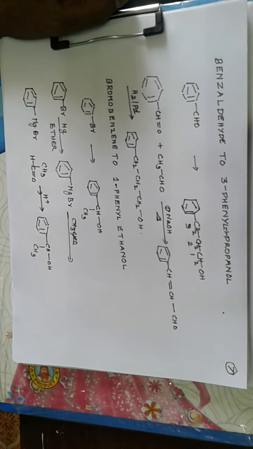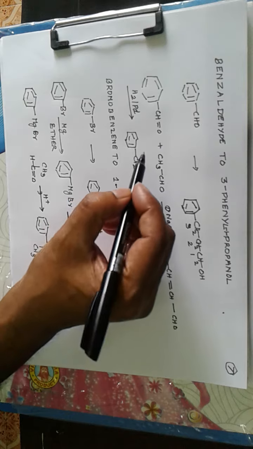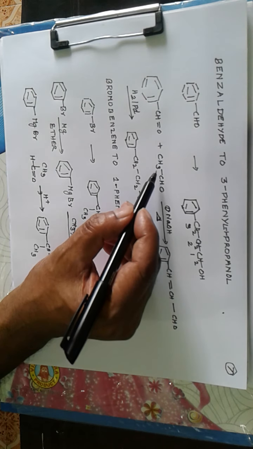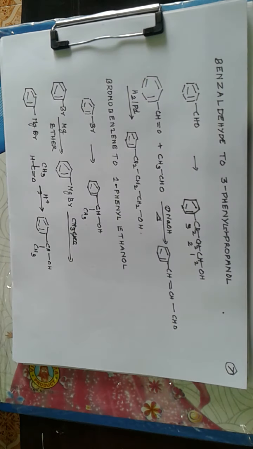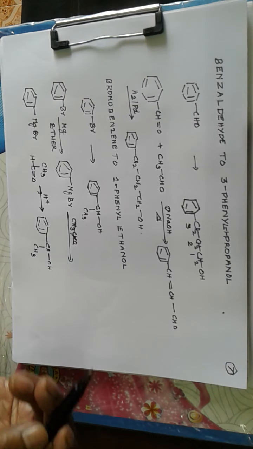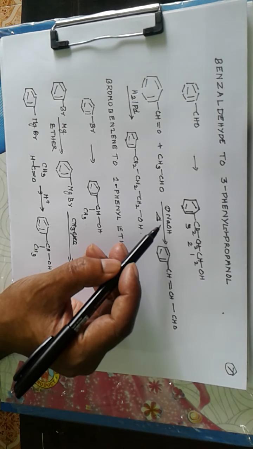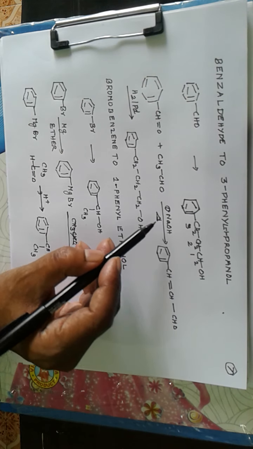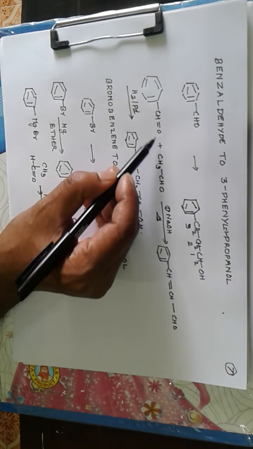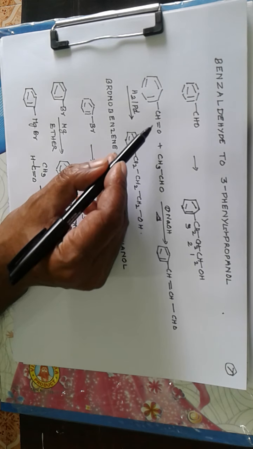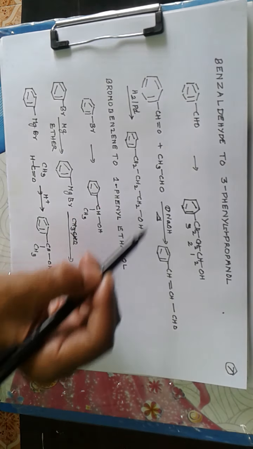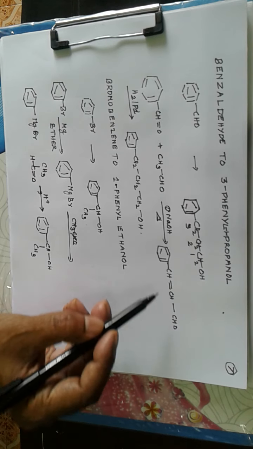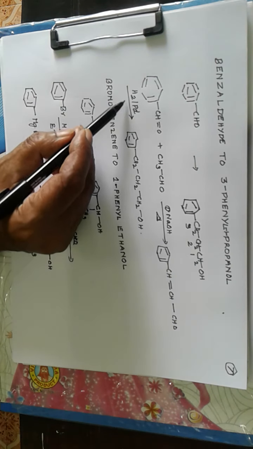Now benzaldehyde to 3-phenyl propanol. Again, benzaldehyde can condense with this acetaldehyde molecule. We can prevent condensation if we are not heating it, but when we are heating it, we are getting the condensation product, this oxygen atom combining with the 2 H atoms here, and we get CH double bond CH, CHO, and the whole compound can be reduced using hydrogen and palladium.